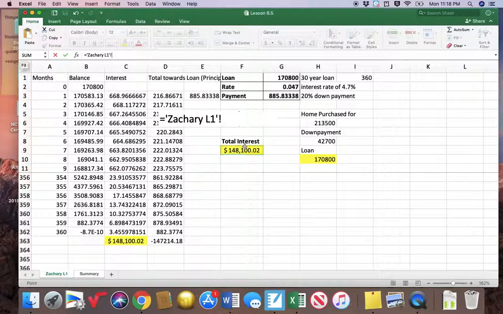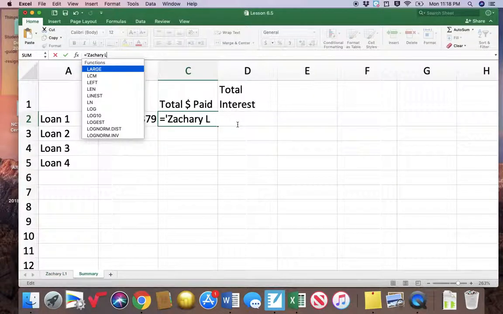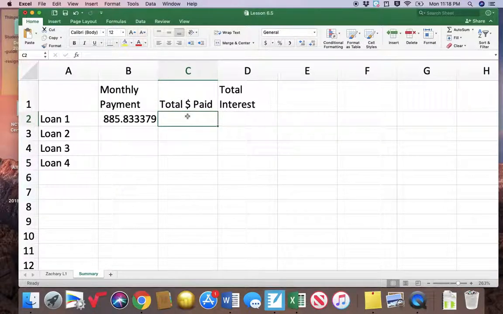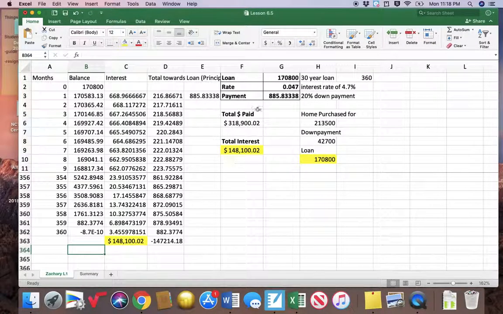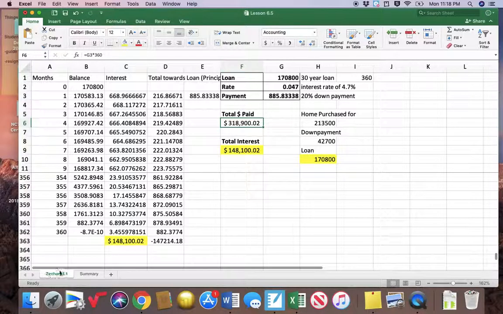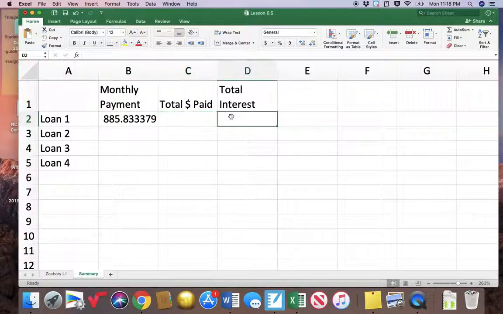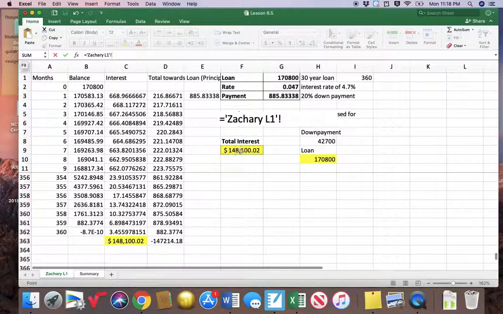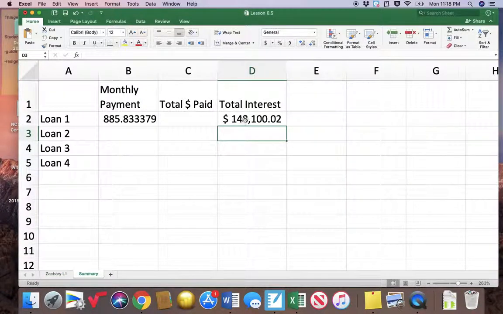It's insanity. I do not want that. So it is F6. Let's try the interest equals total interest. So that works.